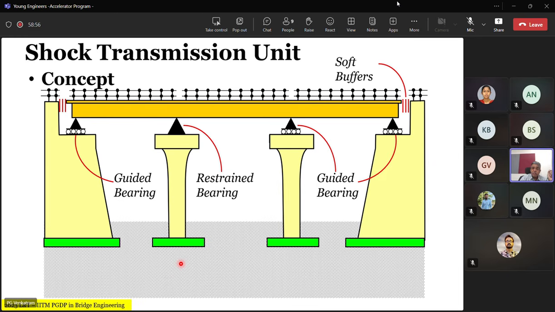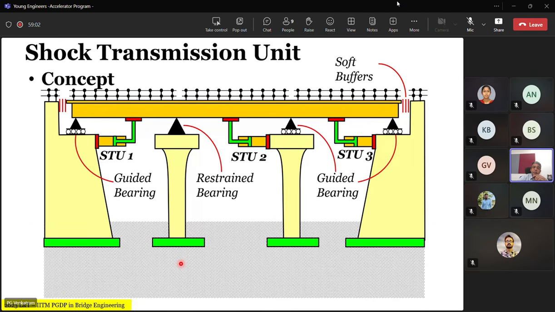But if you attach the shock transmission units at all these locations, then in the case of a seismic event, this superstructure is also connected to this pier, and to this one. Then in the longitudinal sense, the full vibration unit becomes all of it together. So you have changed the bridge vibration unit from this to this.